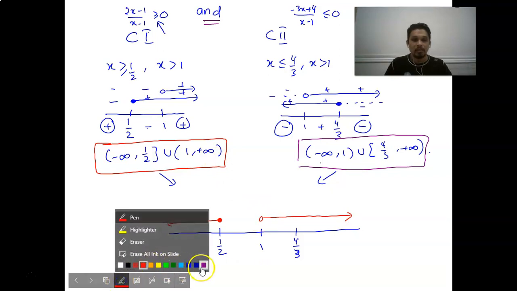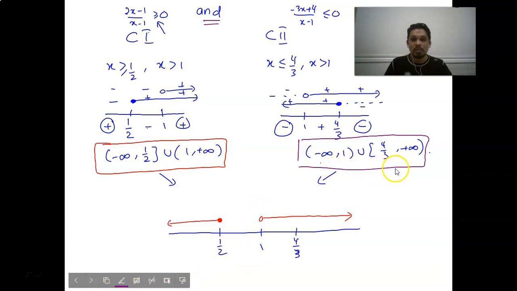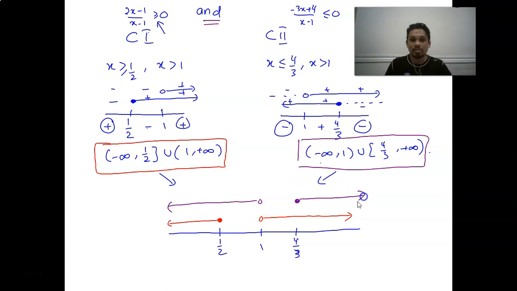The other one, the one which I put in a box, we call it purple here. So I come up with this, purple ink, from negative infinity until 1, and 4/3 to positive infinity.